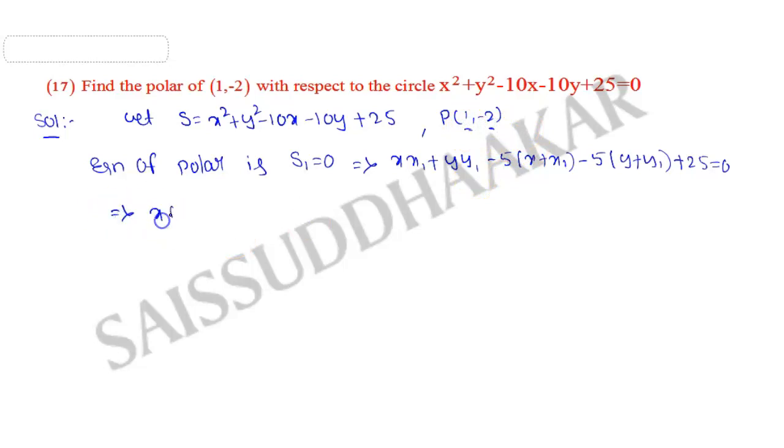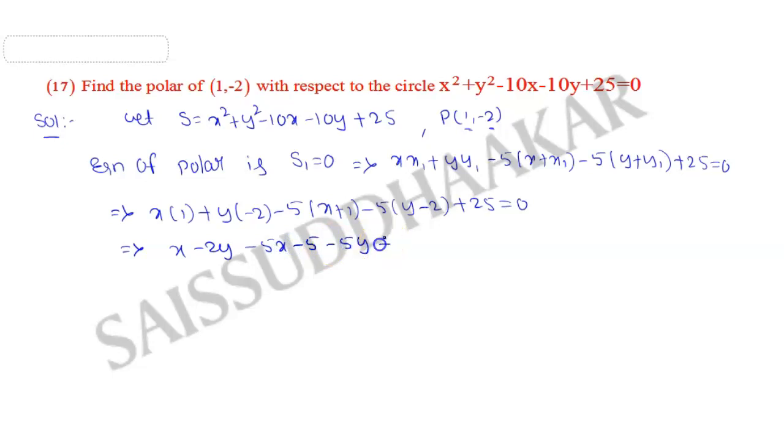So implies x into 1 plus y into minus 2 minus 5 times of x plus 1 minus 5 times of y minus 2 plus 25 is equal to 0. Implies x minus 2y minus 5x minus 5 minus 5y plus 10 plus 25 is equal to 0.